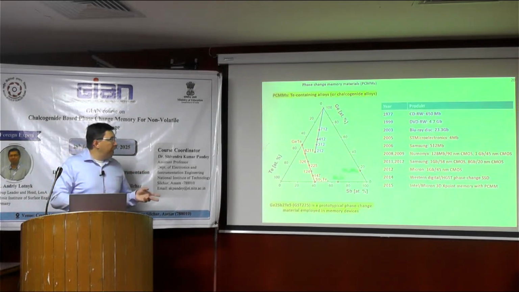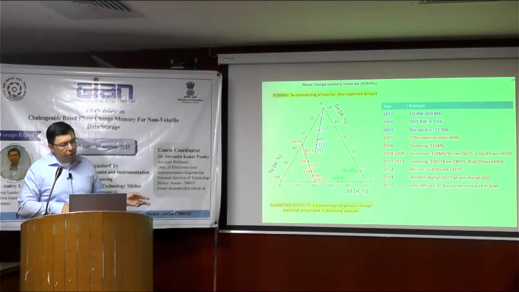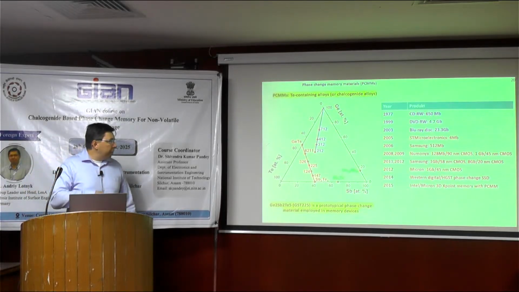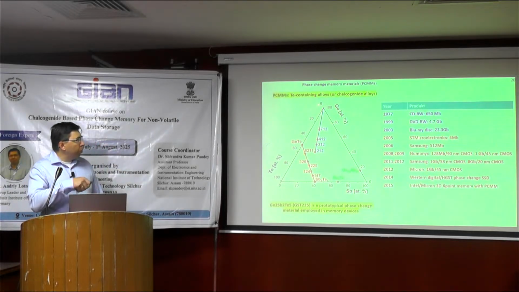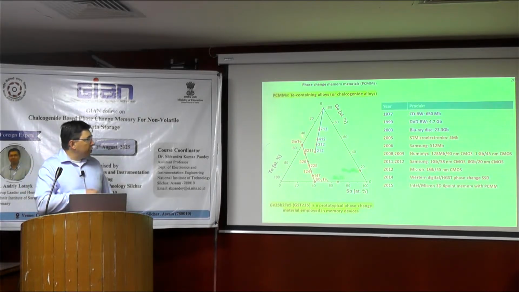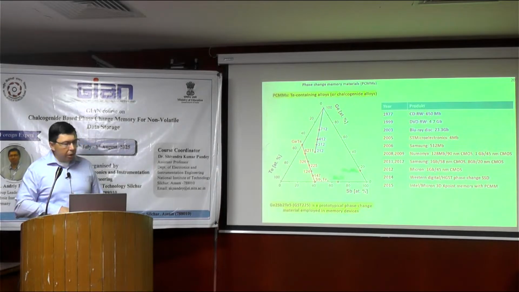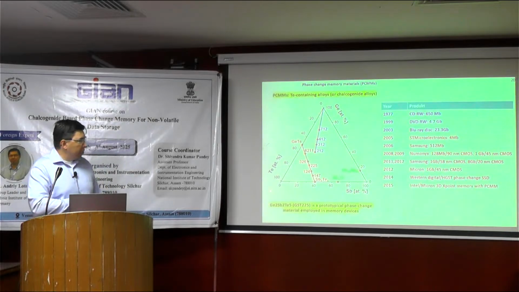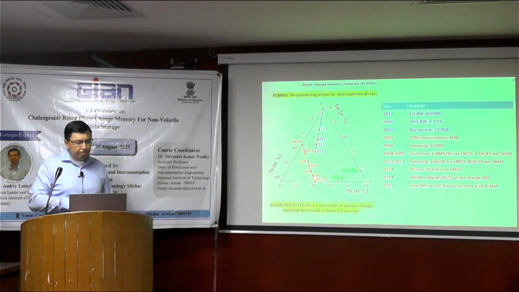So the phase change memory materials are tellurium-containing alloys or chalcogenide alloys. If you look at the diagram, tellurium, germanium, antimony, these alloys are sitting on this tie line between germanium telluride and antimony telluride. You can find here different compositions. This composition 2-2-5 is a prototypical phase change material which is employed in memory devices.